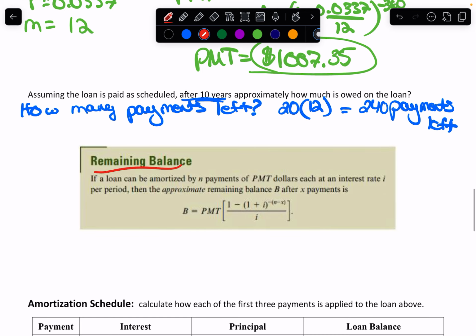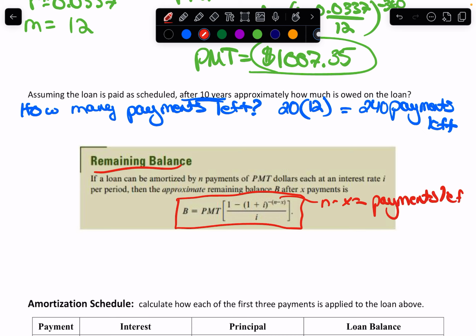If a loan can be amortized by n payments of PMT dollars each at an interest rate I per period, then the approximate remaining balance B after X payments is this. Now, notice that there's an N minus X here. The N minus X is the payments left.